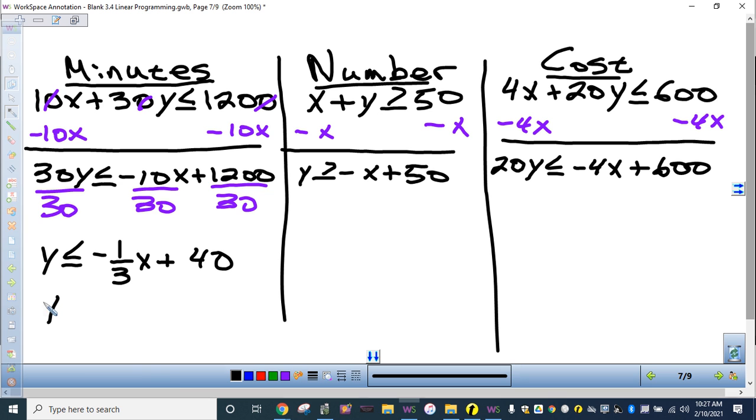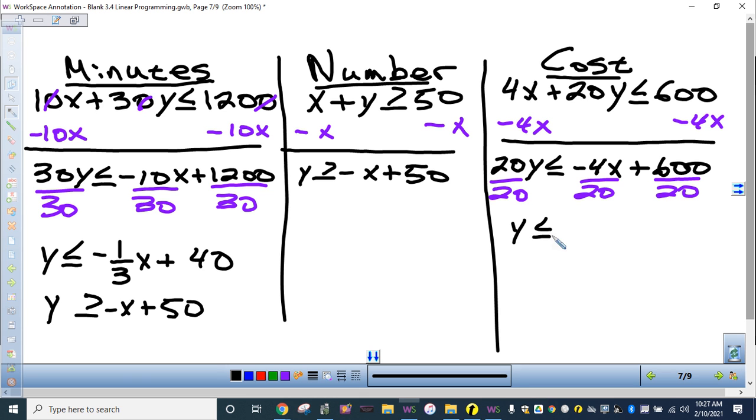I'm going to write the second equation below here because I'm going to have to copy it anyways. And then on the last equation, I just divide by 20. And we get y is less than or equal to negative 1/5 x plus 30. I'm just rewriting that equation right here.